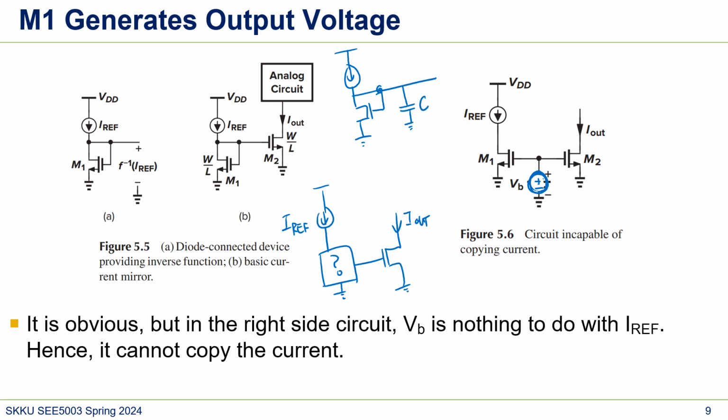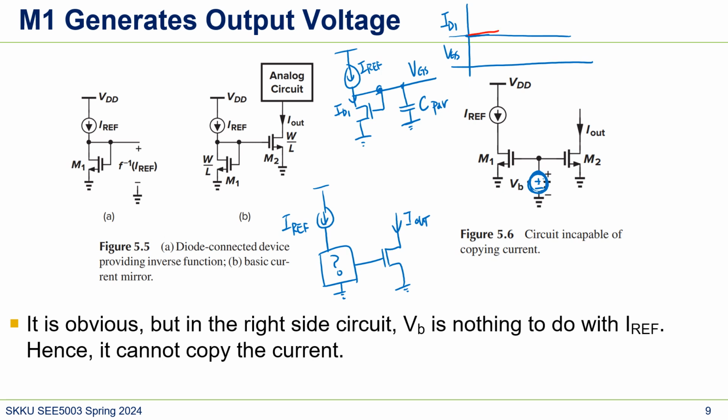Assuming that we have some cap, let's say a parasitic cap here, and this voltage, and here's IREF, and this voltage is, let's say, VGS. So if you see in the time domain, here's IREF, let's say ID1, and here is VGS.